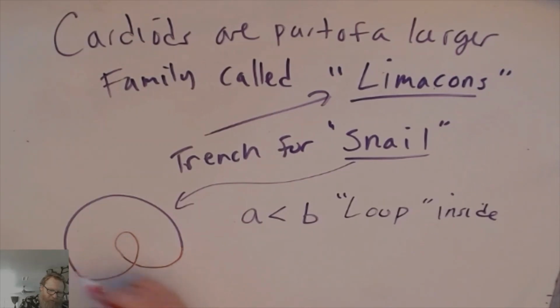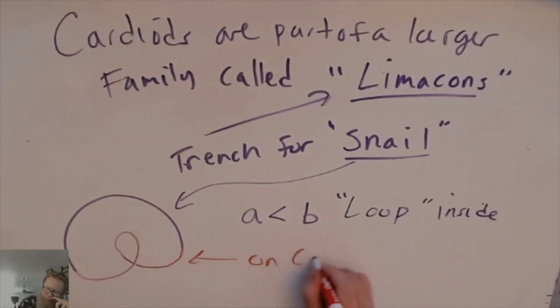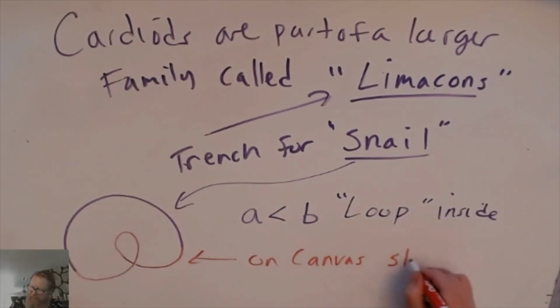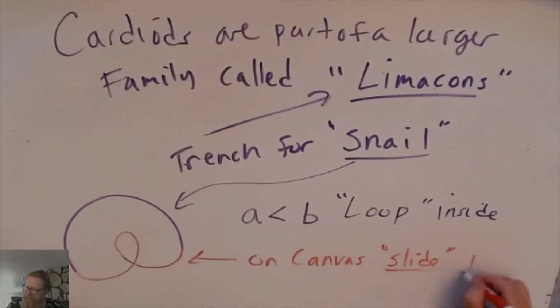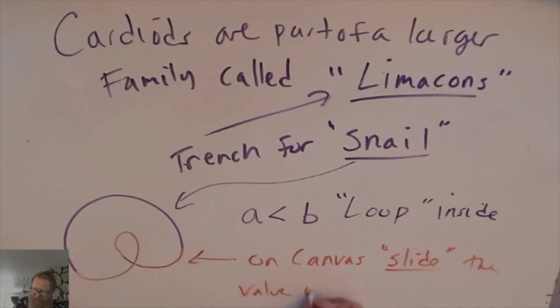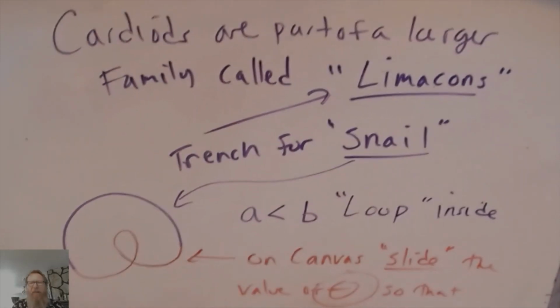So you want to, on canvas, slide the value of A. I don't know why they use the letter A. I really should have changed it to something else, like theta. Maybe I will change that to theta if I can, so that the graph is complete.